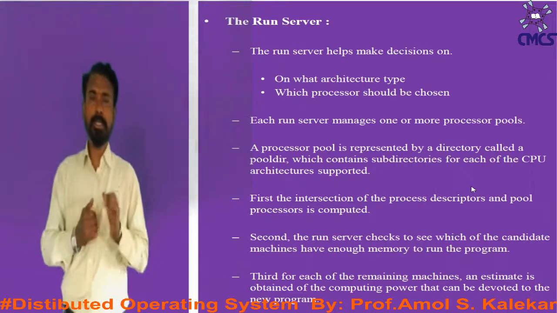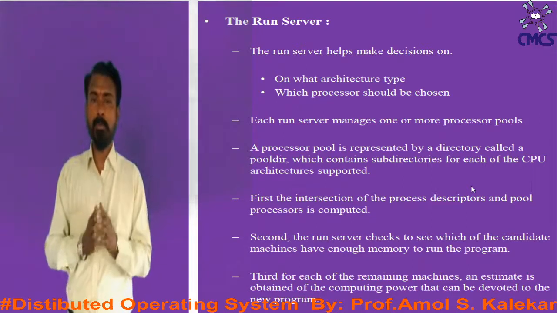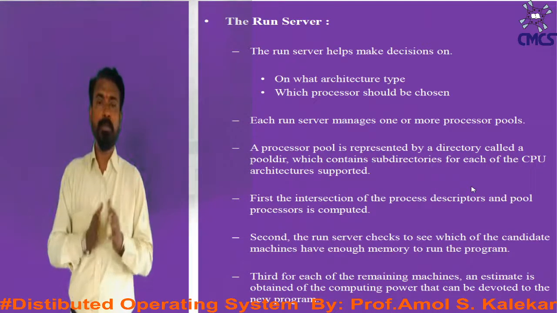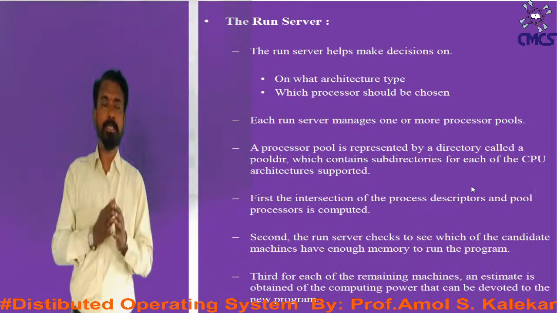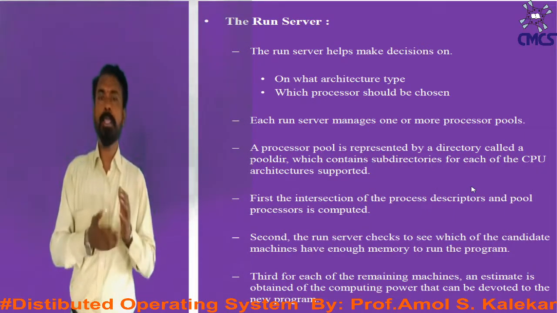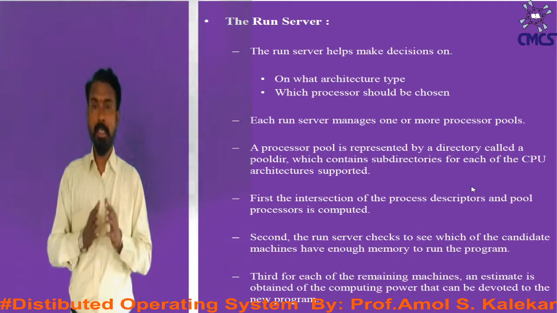First, the intersection of the process descriptors and the pool processors is computed. Second, the run server checks to see which of the candidate machines have enough memory to run the program.